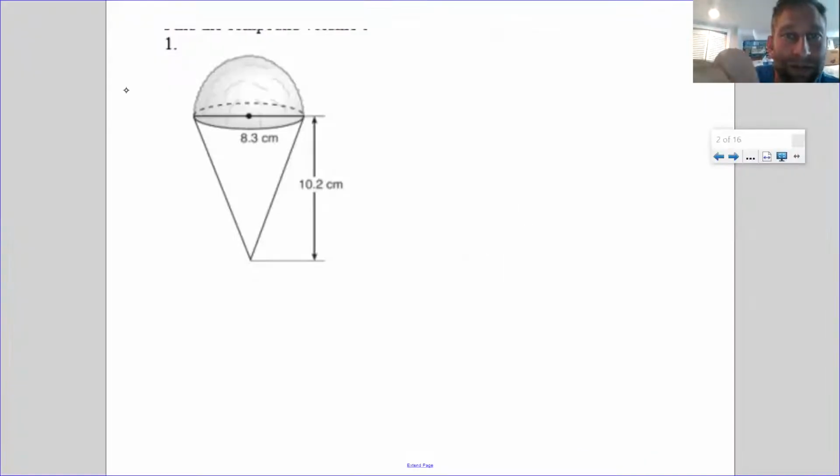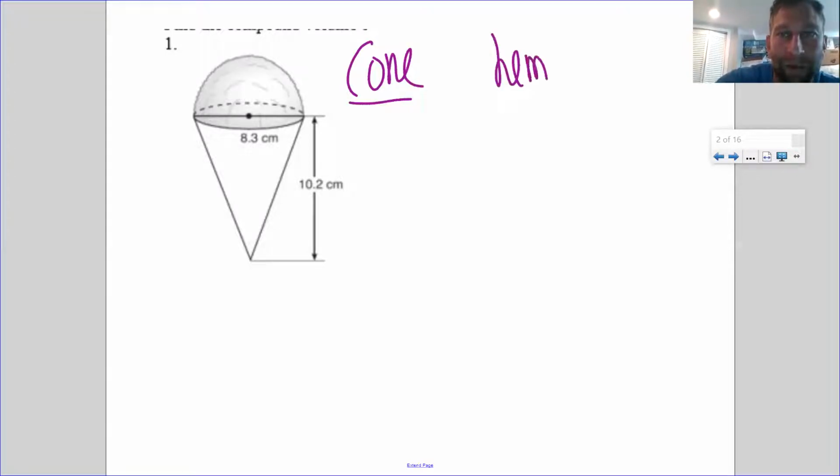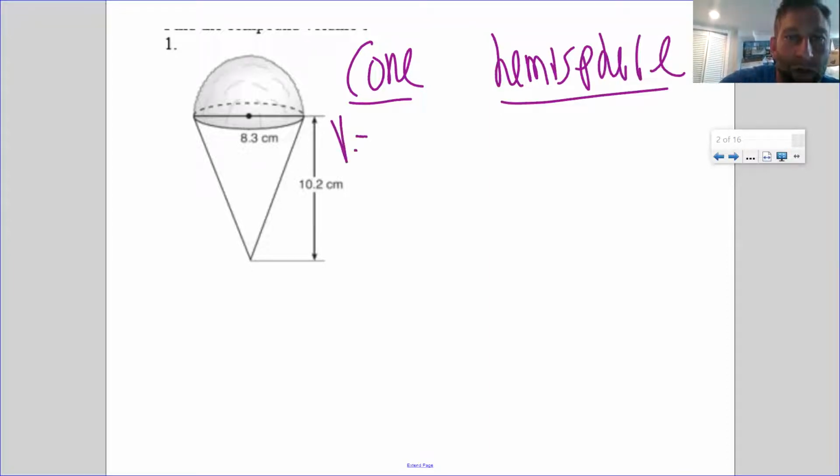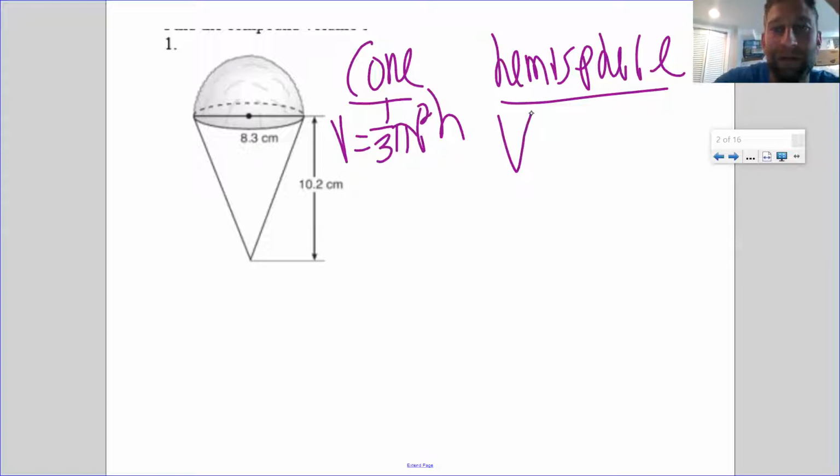I see two shapes. I see a cone, and then on top of that a hemisphere. So we go to our reference sheet. The cone is 1/3 pi r squared h. The hemisphere is half of a sphere, so it's half of 4/3 pi r cubed.